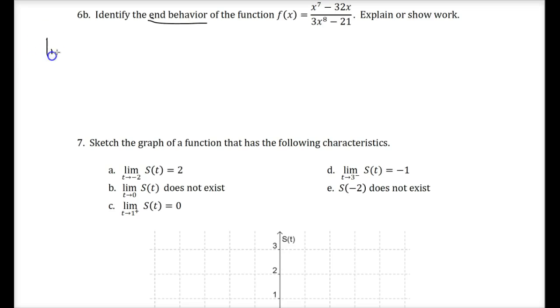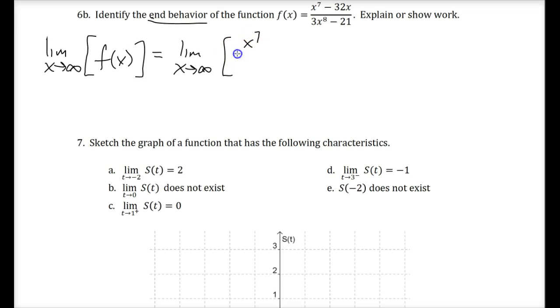So simply put, we'll say the limit of f of x as x approaches infinity. Here, since this is a rational function, could be the same as the limit as x approaches infinity of x raised to the 7 over 3x raised to the 8th, if we use the leading coefficient or leading term approximation principle there.